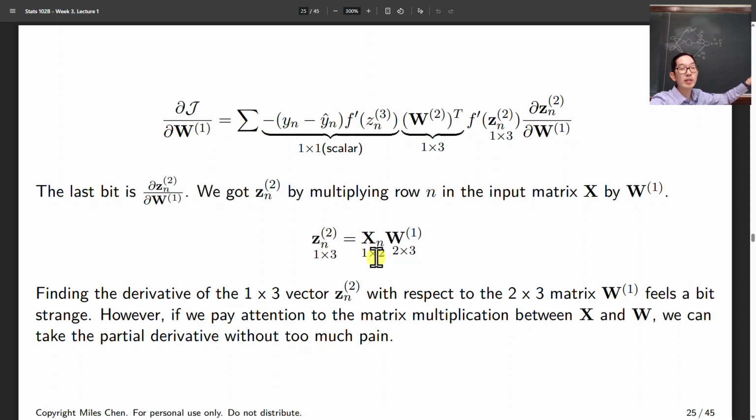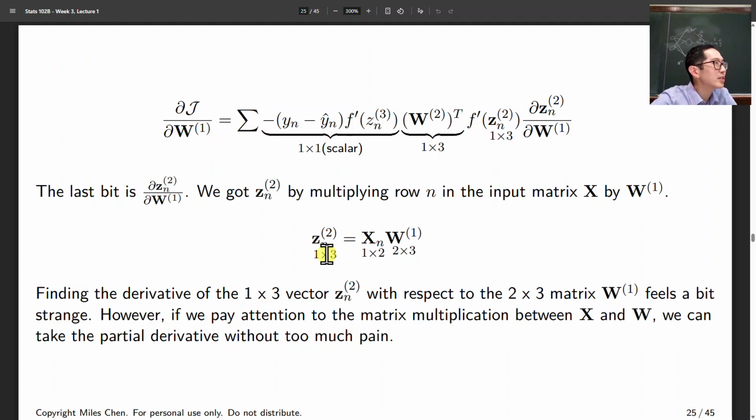We got that by taking the nth row in X, and X is a matrix with n rows and 2 columns, so basically the nth row is 1 by 2, and we multiplied that by our first weight matrix, which has 6 values arranged 2 by 3. When you do a 1 by 2 times a 2 by 3, you get a result of 1 by 3.